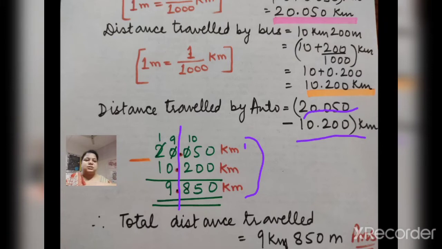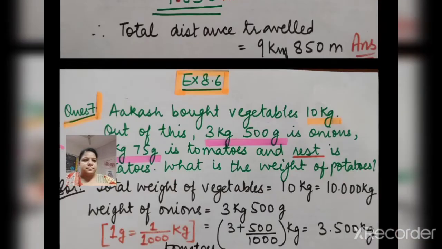So total distance traveled by auto is 9 kilometer 850 meters. Please make this correction. This is the total distance traveled by auto, right? This is your answer.